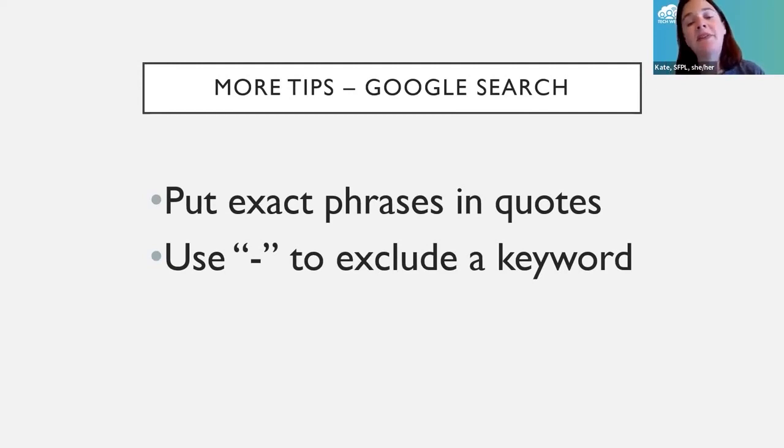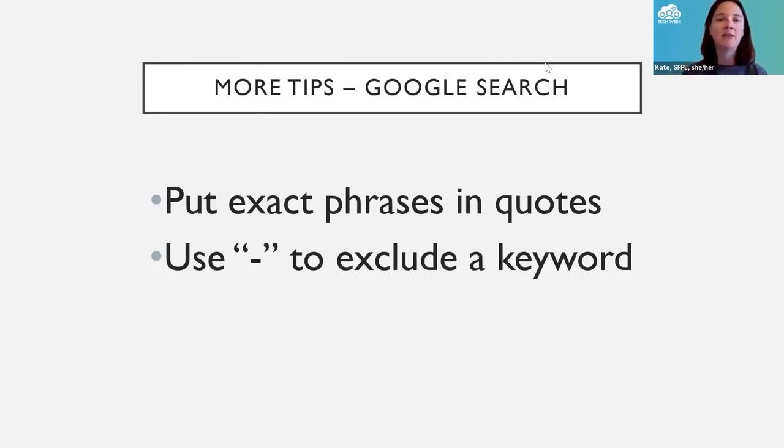Another one, and this is one of my favorites, is if you're searching for something and you're getting results that are about something totally different, you can try to eliminate results from a category by putting a minus sign next to a keyword. The minus sign needs to go exactly next to the word, no spaces, and that tells Google not this. It's like saying not instead of and.